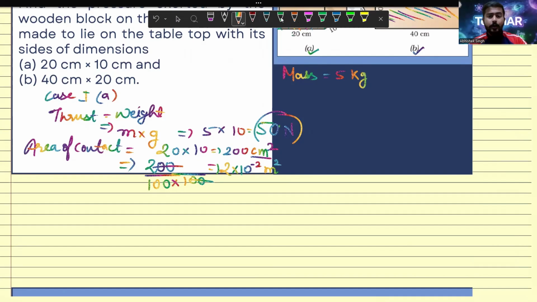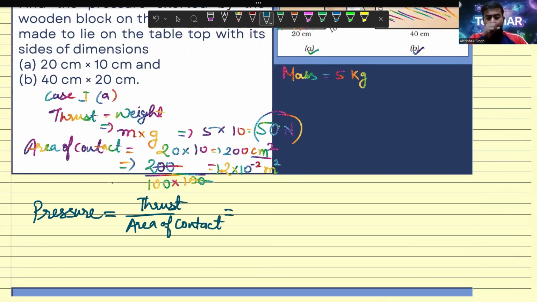Come on, let's do the quick calculation. So let's talk about pressure. Here pressure is equals to thrust upon area of contact. So thrust is 50 Newton. And then area of contact is 2 into 10 to the power minus 2 meter square.